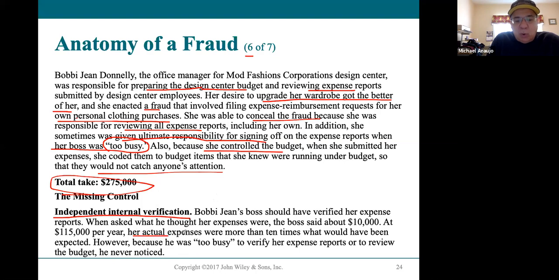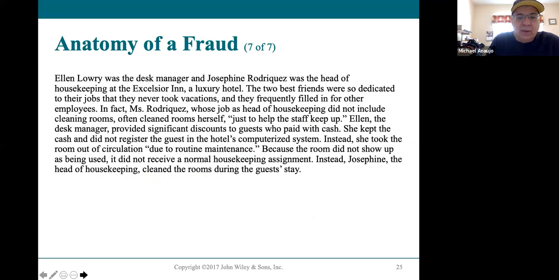So maybe a report could have been run that showed that her expenses were 10 times what they normally were. Running certain statistical reports would show reimbursements per employee or something like this. And if anyone really stood out, you could see that there's fraud going on. That would have to be done independently. Last one.